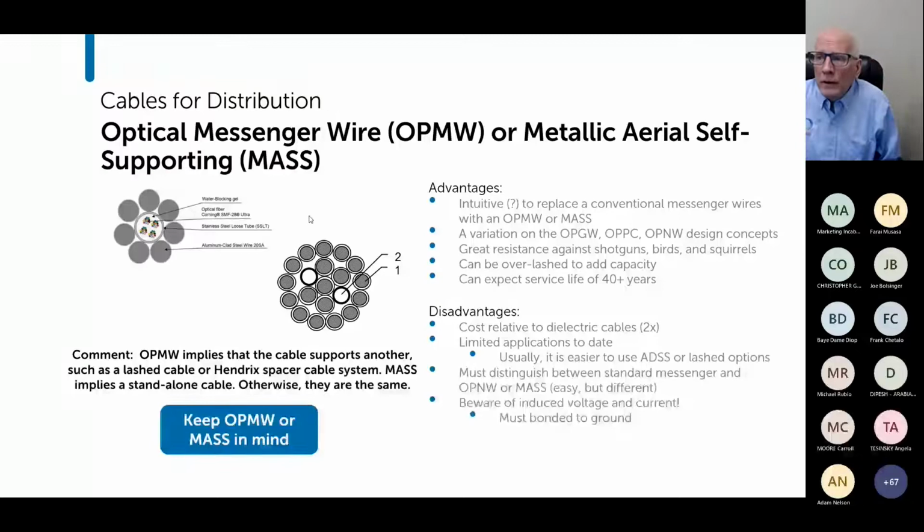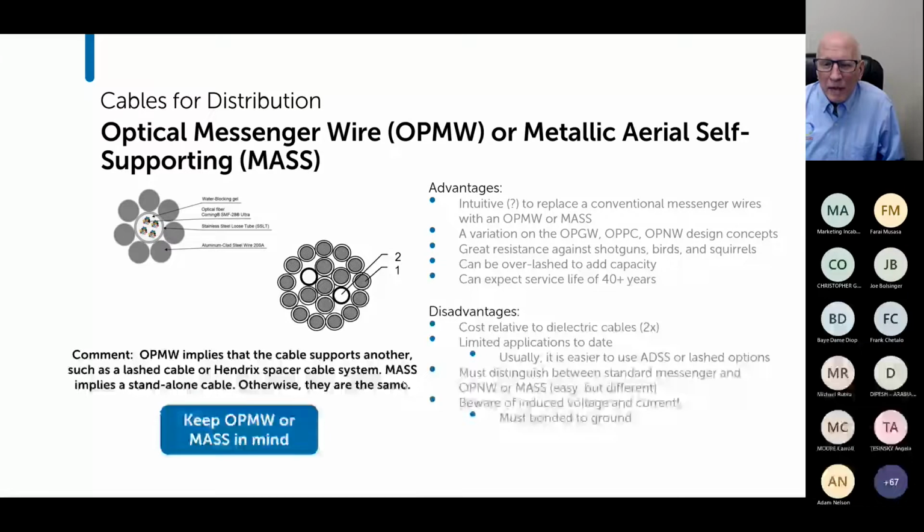Optical messenger wire. In the communication zone, you could replace that messenger wire, plain messenger wire, with an optical version, sometimes also called a metallic aerial self-supporting cable. Really, I think they're the same thing. OPMW, though, is implying that the cable supports another, like a lash cable. You could lash over it, or maybe you could use it for that with the Hendrix spacer cable system.